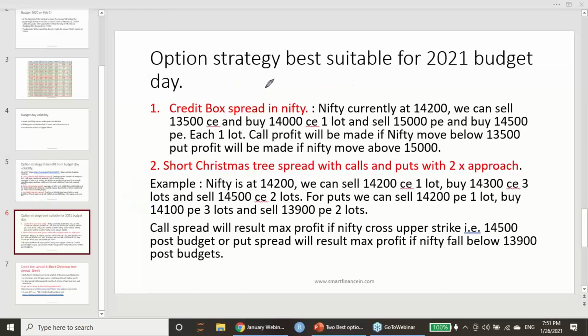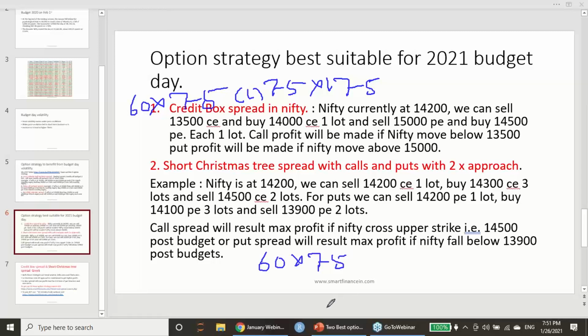Since one lot is involved, 75 into 175 is the maximum reward you can expect, and here 60 into 75 is the liability you can expect. Here too you can expect similar things. If your profitability is there, with 10 to 15 points I am telling here, 10 into 75 will be your liability.